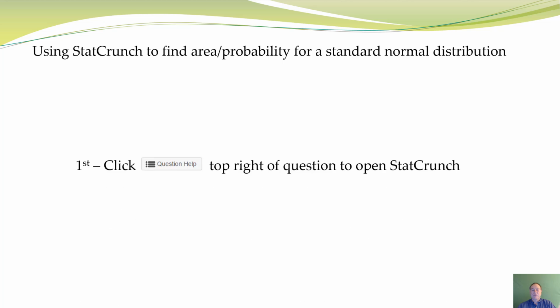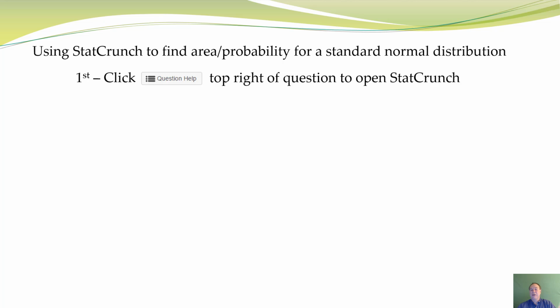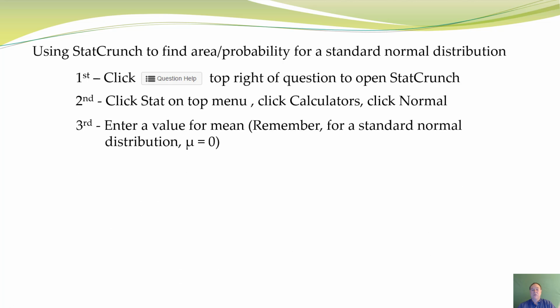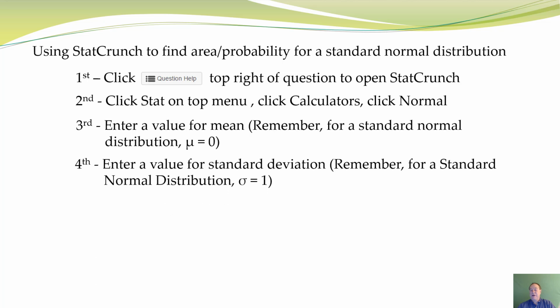Okay, so first you're going to click the question help, top right, to open StatCrunch. Then you're going to click Stat on the top menu, click Calculators, click Normal. You're going to enter a value for the mean. Now remember, if it's standard normal distribution, the mean is 0. Enter a value for the standard deviation.